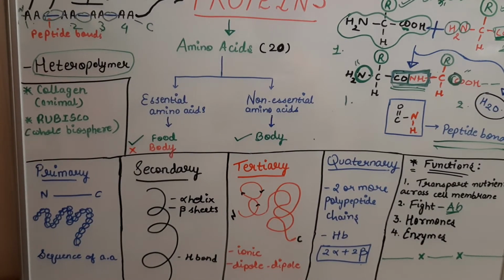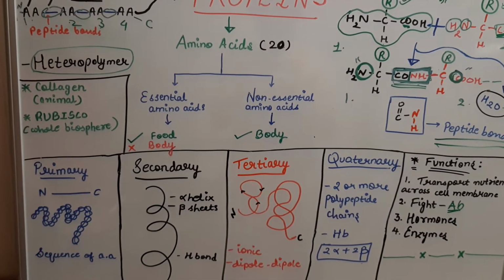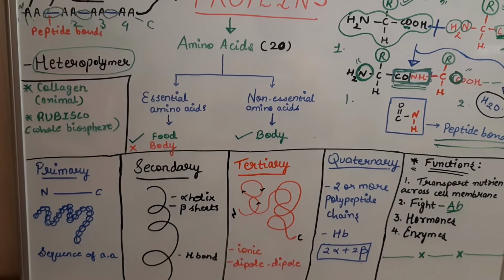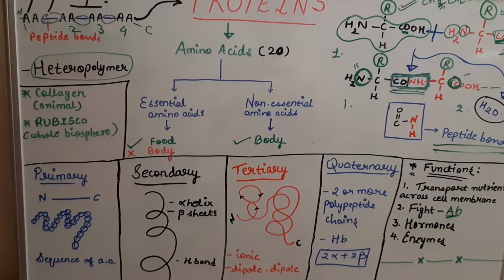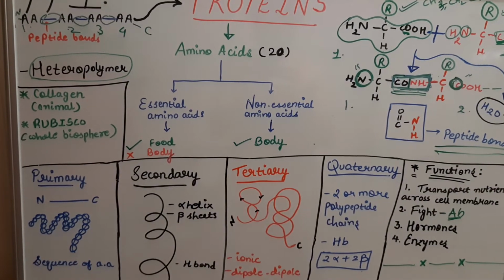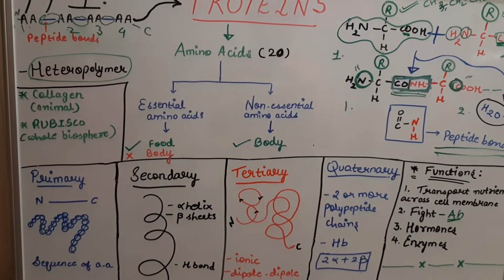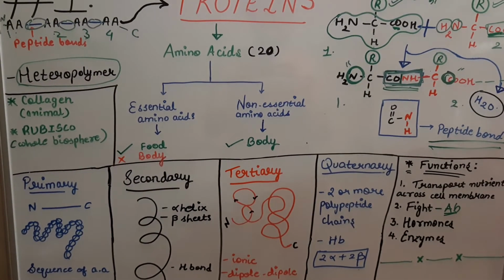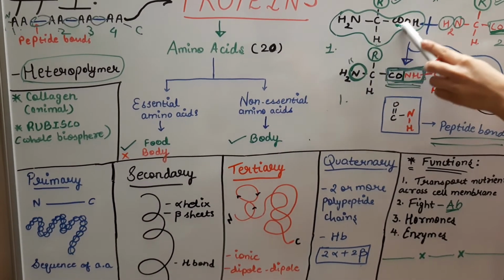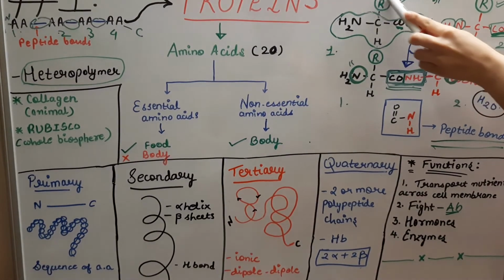Now the next level of protein structure is the secondary structure. Secondary structures are folded structures that form within the polypeptide due to the interaction between the atoms of the backbone. Backbone means only this structure, excluding the R group.